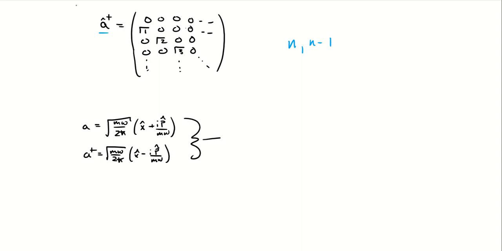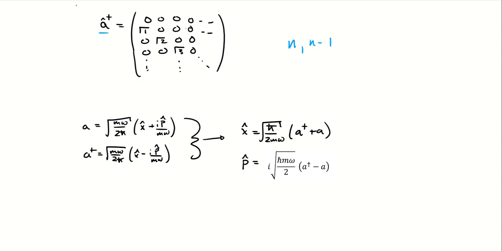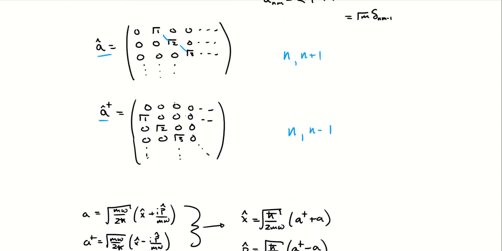Knowing that, our x hat can be written as the square root of h bar over 2 m omega times the raising plus the lowering operator, and the momentum operator is very similar, just the raising operator subtracted by the lowering operator. And we know what A and A dagger are in the matrix representation up here.